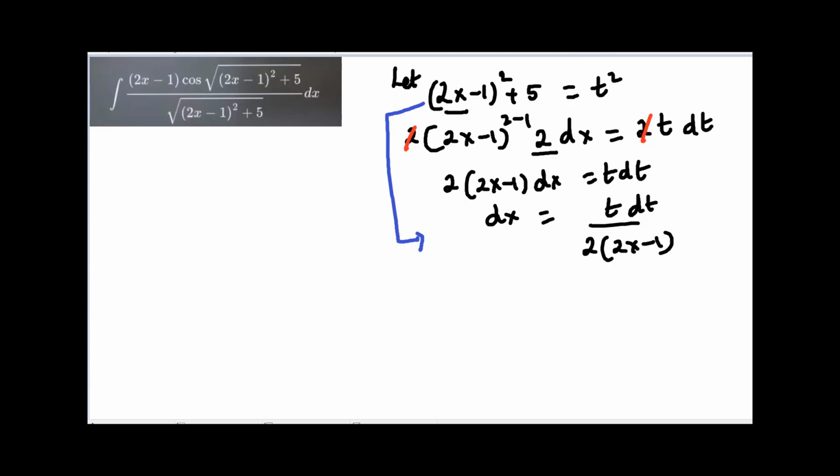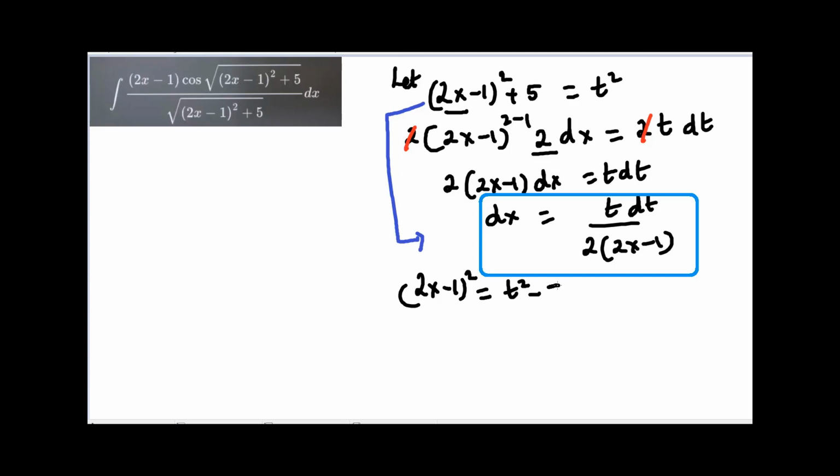So before I head out, let me just box this off and perform the operation over here. 2x - 1 raised to the power of 2 is equal to t squared - 5.